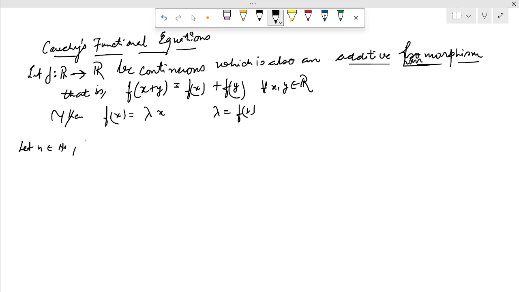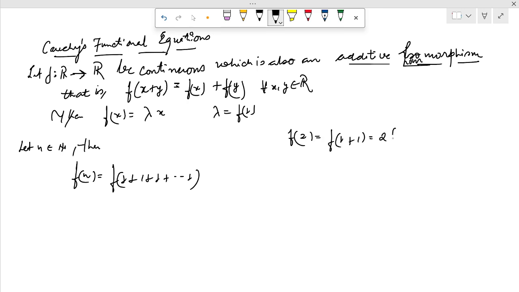So let n belong to natural numbers. Then f(n) I can simply write as f(1+1+1+...). So rather I would start with f(2). What is f(2)? f(2) is f(1) + f(1), which is certainly 2 times f(1). What would f(3) be for that matter?